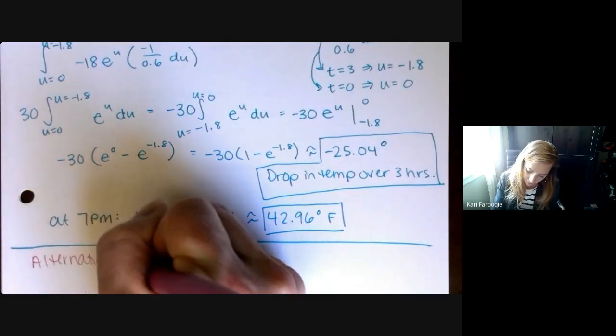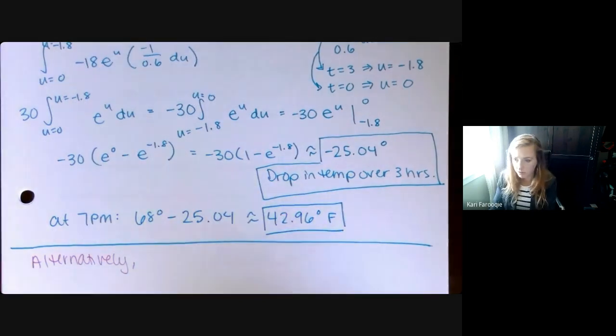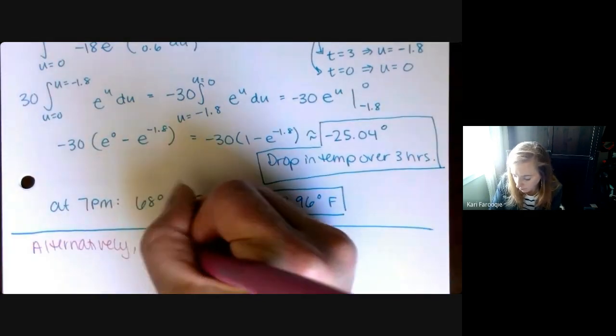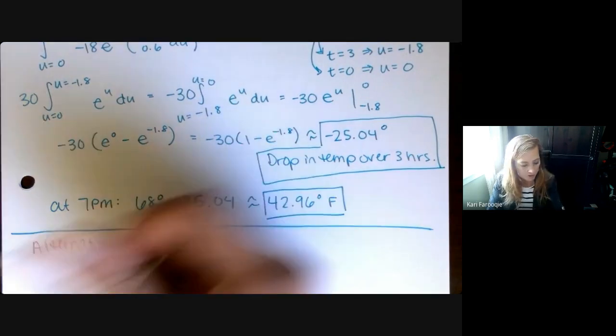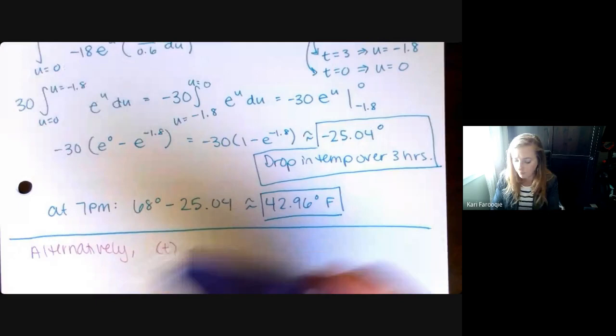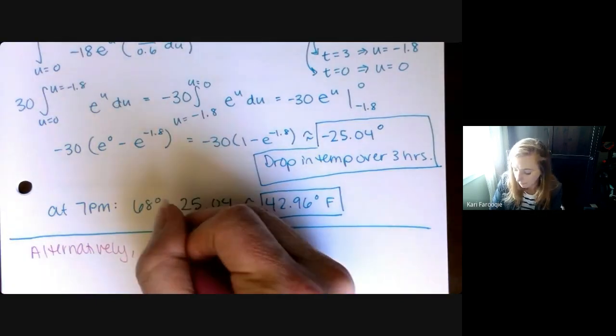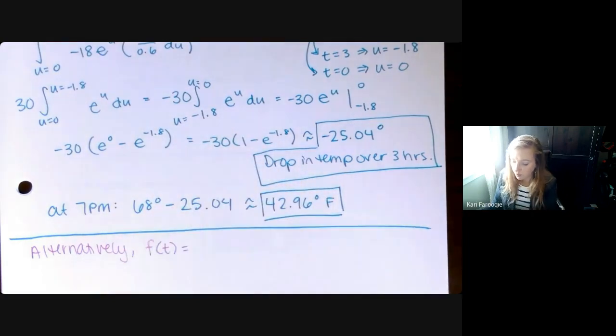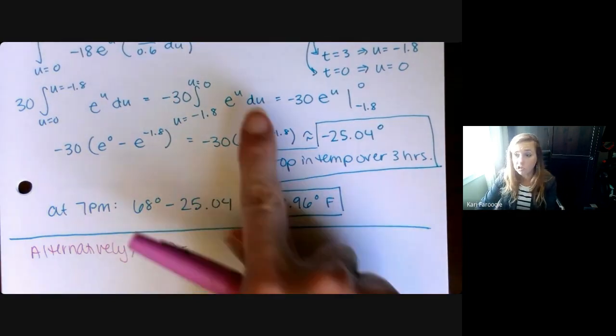Alternatively, we could have said that f of t, oh, why am I using capital F? I used lowercase f, so I need to be consistent with that. When we integrated, that's essentially what we were finding.